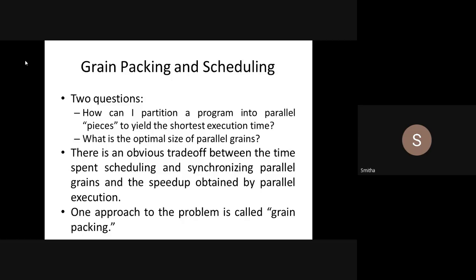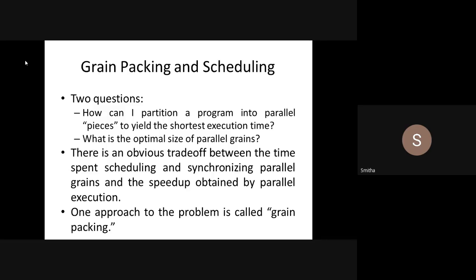Before doing that, we will always get two questions: how can I partition a program into parallel pieces to yield the shortest execution time? That is one question. And what is the optimal size of parallel grains? So two questions come to mind when we want to partition the program.